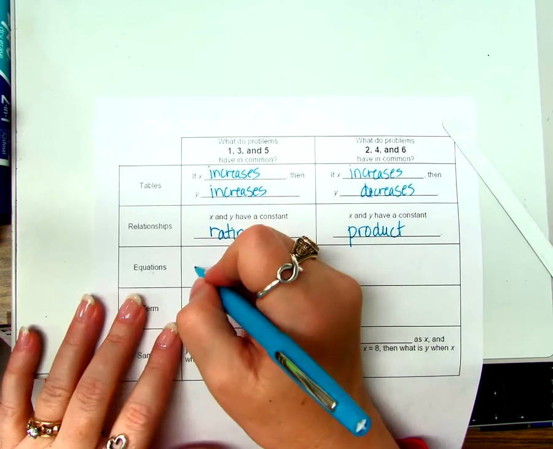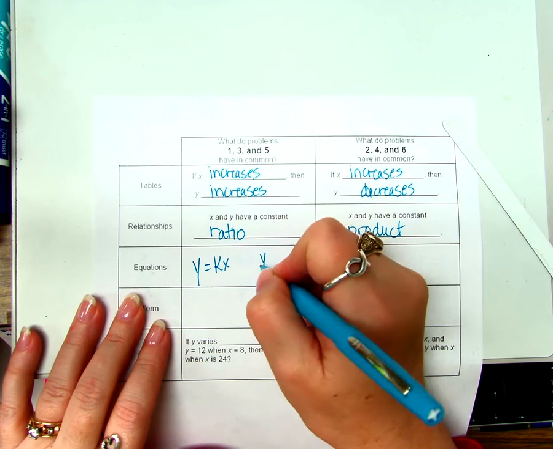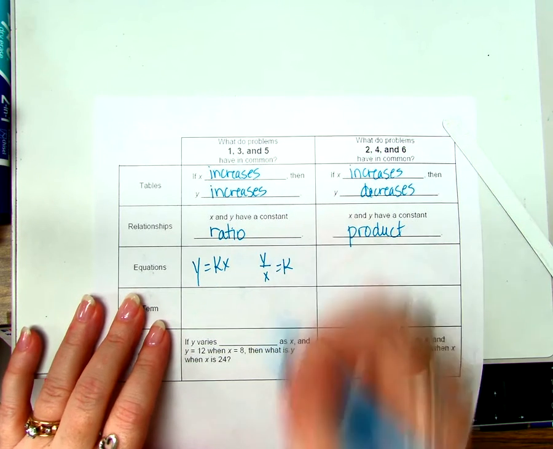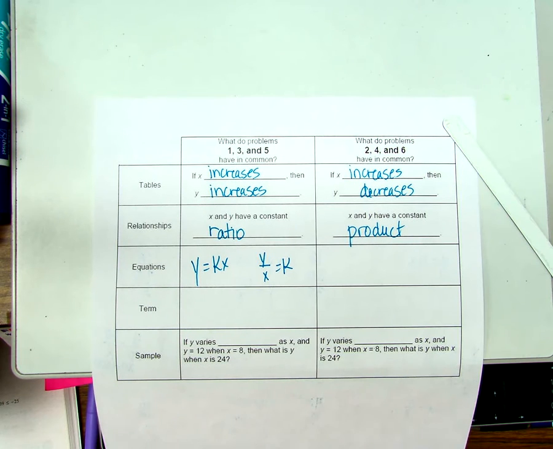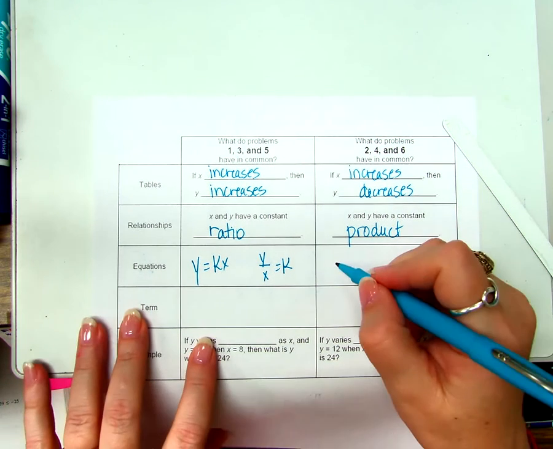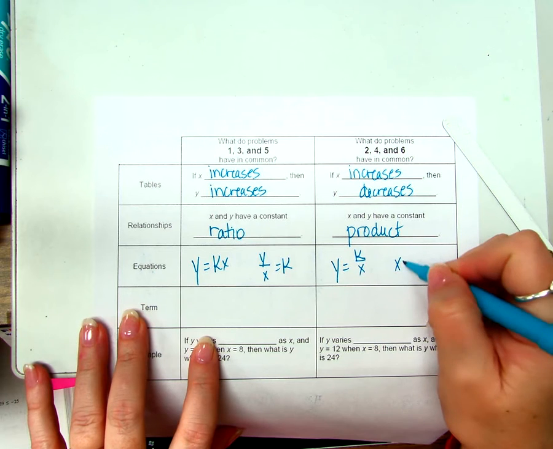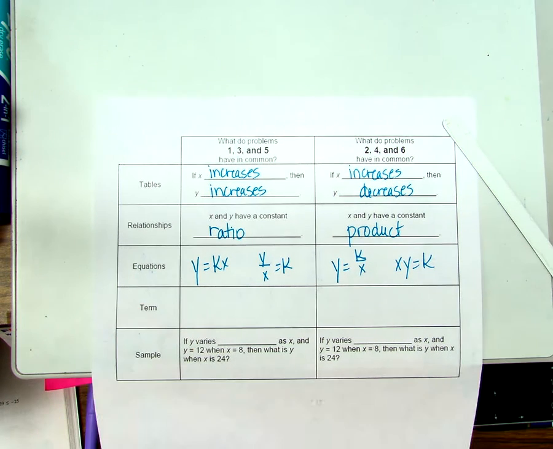Their equations, this one was y equals kx, or y over x equals k. Knowing that those are not two different equations, they're just the same equation solved for two different variables, right? In this side, it was y equals k over x, or x times y equals k.